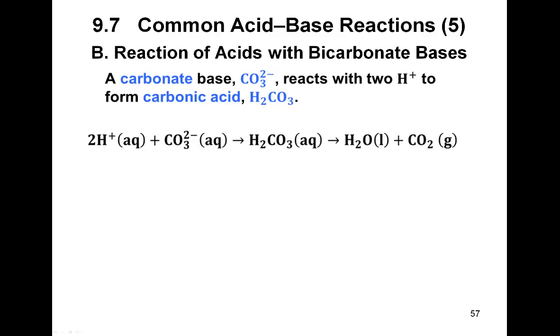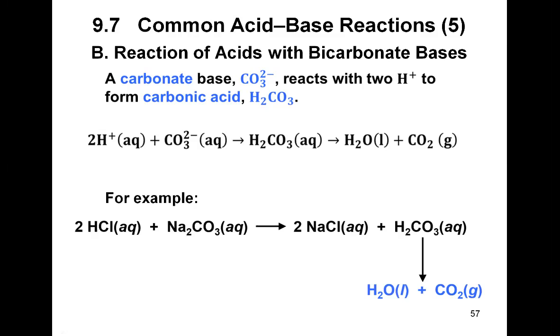Again, we know that H2CO3, the carbonic acid, is not stable and decomposes into water and CO2. Let's look at a more precise example of what this may look like. For example, if we make HCl react with sodium carbonate, Na2CO3 is sodium carbonate. Again, the 2H+ from the acid will combine with the CO3 negative 2.